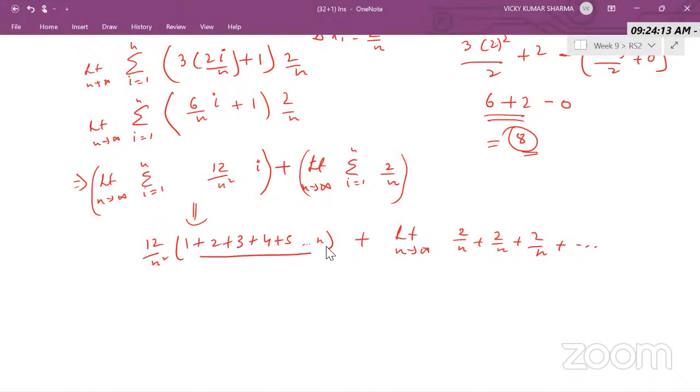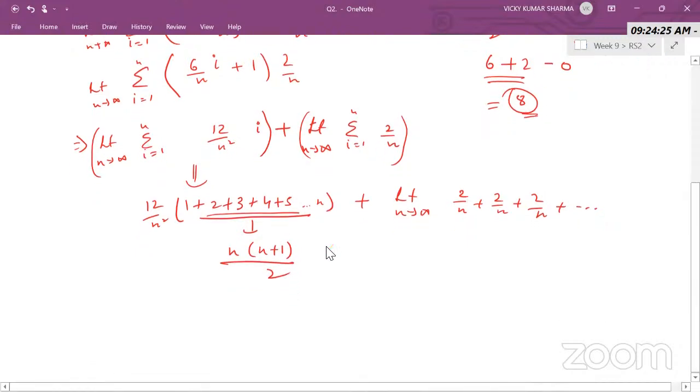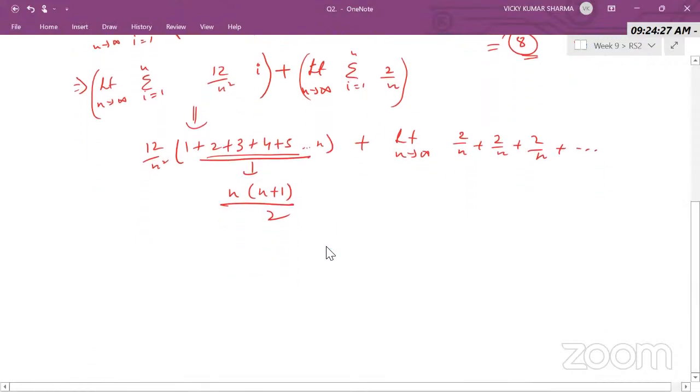So now you know that this is the sum of n natural numbers. There is a formula: n into n plus 1 by 2 will actually give you this when I'm adding all these. There is a formula, so you can memorize this. So this is going to be 12 by n square, times n into n plus 1 by 2, right?